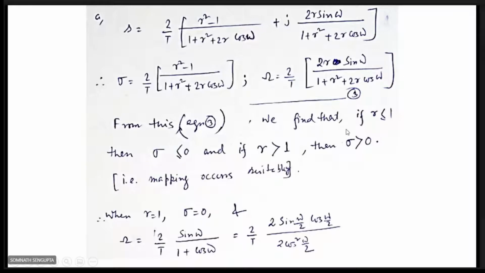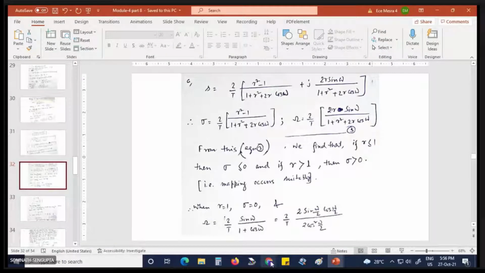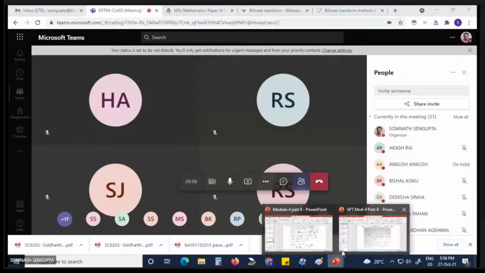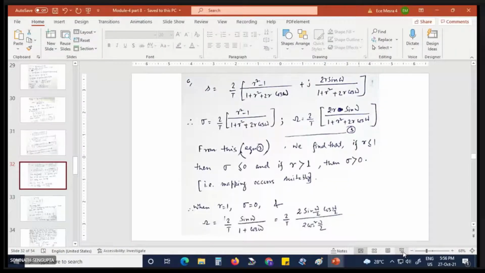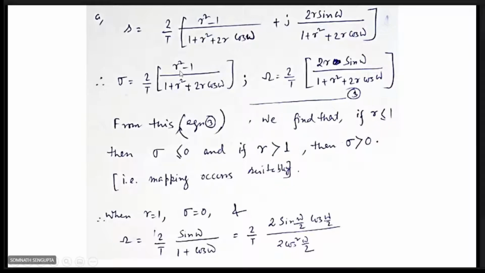So we find that if r is less than 1, that means within the unit circle, radius less than 1, sigma would be less than 0.